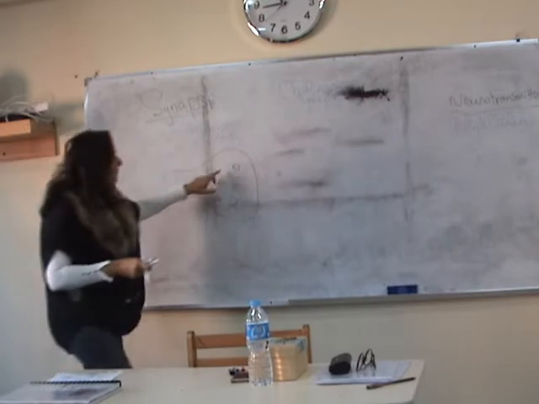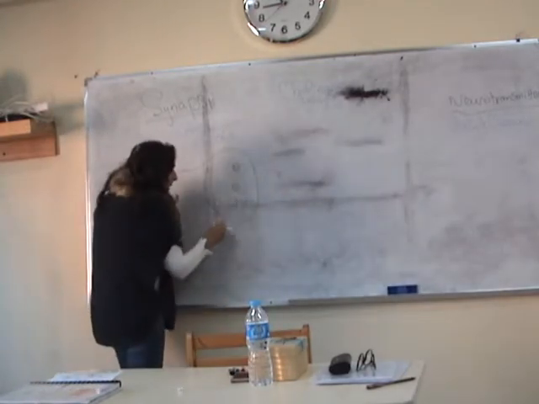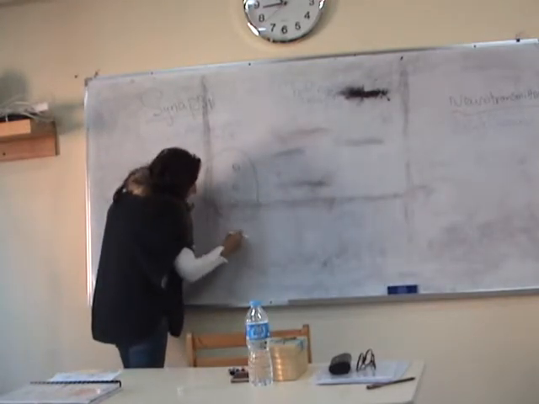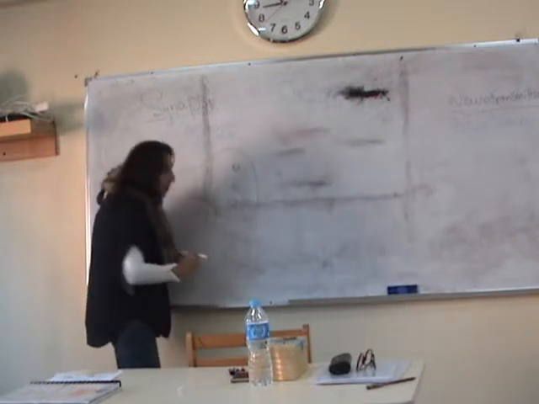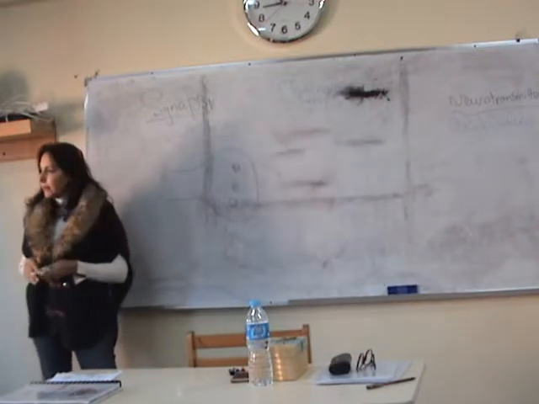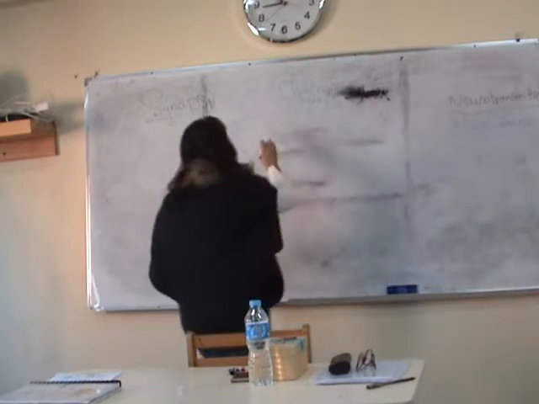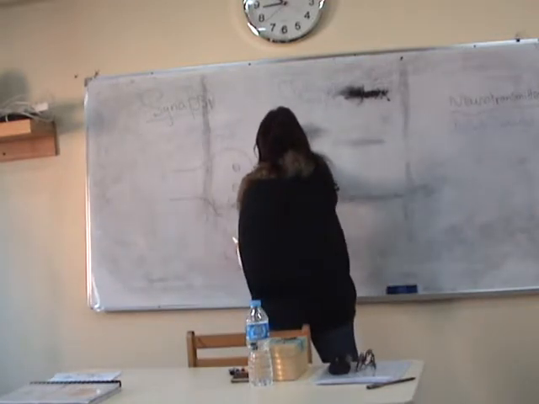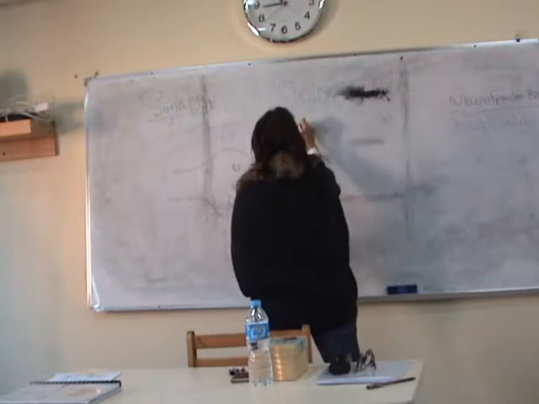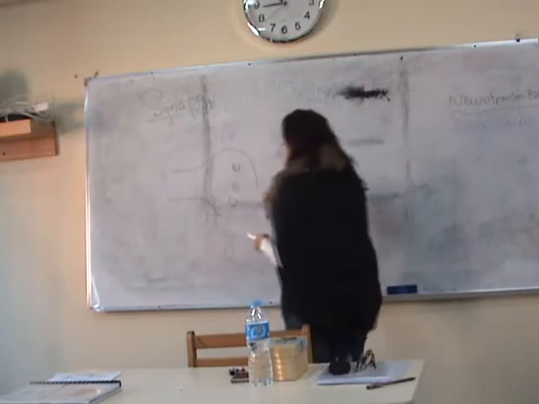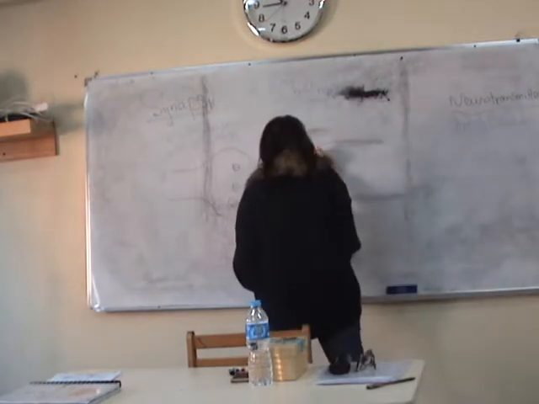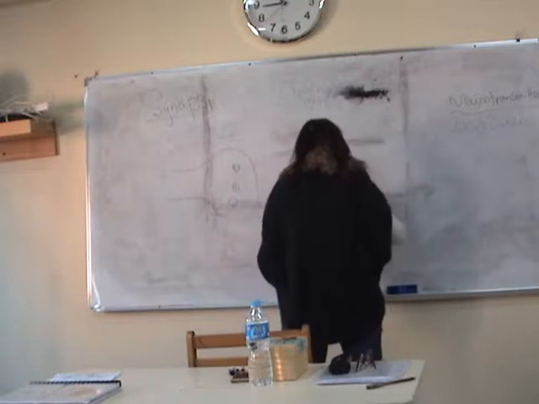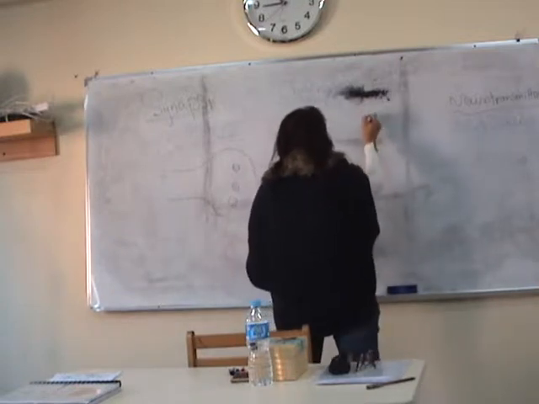So in the presynaptic knob, these are vesicles containing the neurotransmitter acetylcholine. And then we have a gap, which is known as the synaptic cleft. And then we have the ending of the postsynaptic neuron.